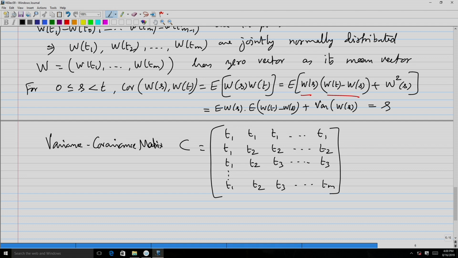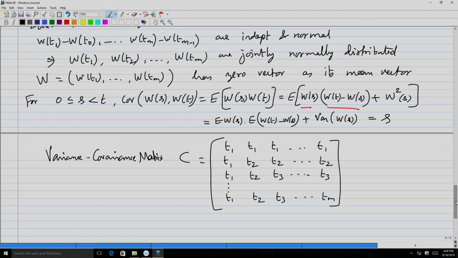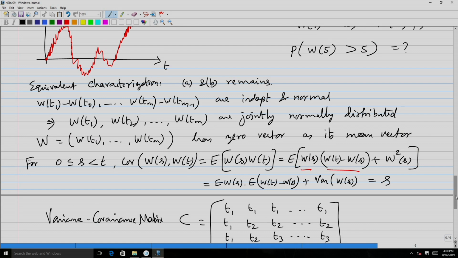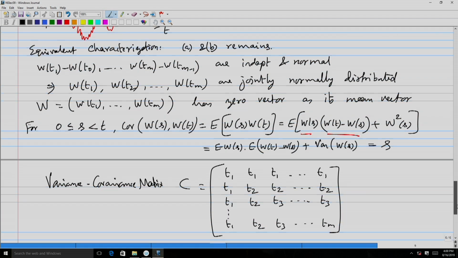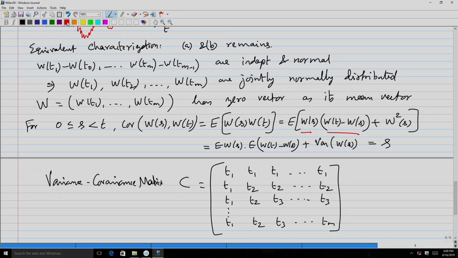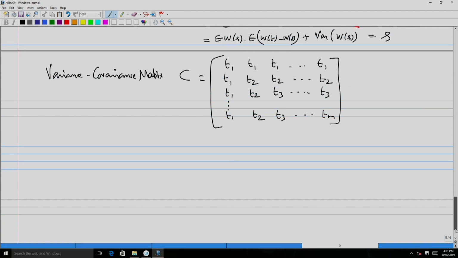So what is the equivalent characterization now? Keeping A and B as before, a process starting at 0 with continuous paths, instead of saying that the increments are independent, stationary and normally distributed, you can say that this vector W has a 0 mean vector and variance covariance matrix as given by this C. Then that process is a Brownian motion process.